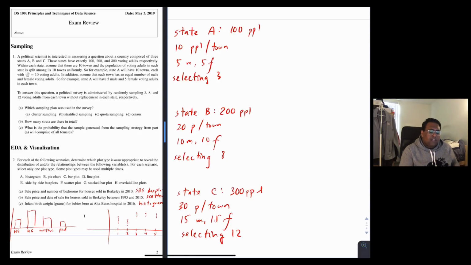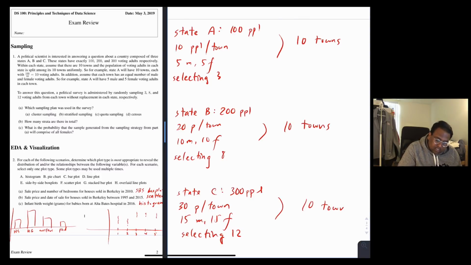So we have 10 towns in state A, 10 towns in state B, and 10 towns in state C, and we're sampling 3 people from every town in state A, 8 from every town in state B, and 12 from every town in state C.